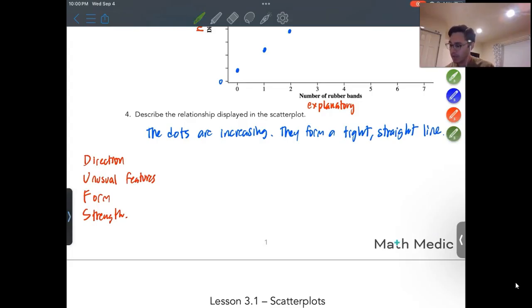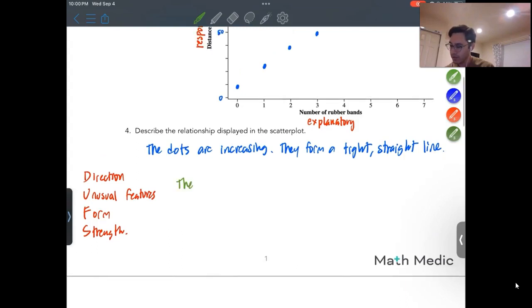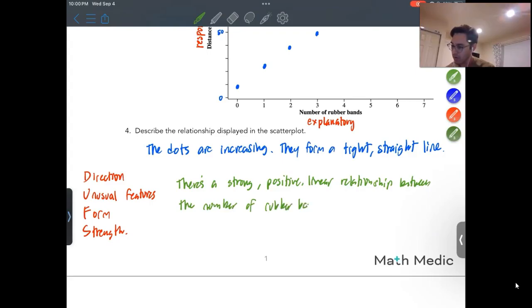So we might say something like, there is a strong, positive, linear relationship between the number of rubber bands and the distance traveled. There are no unusual features in this scatter plot.